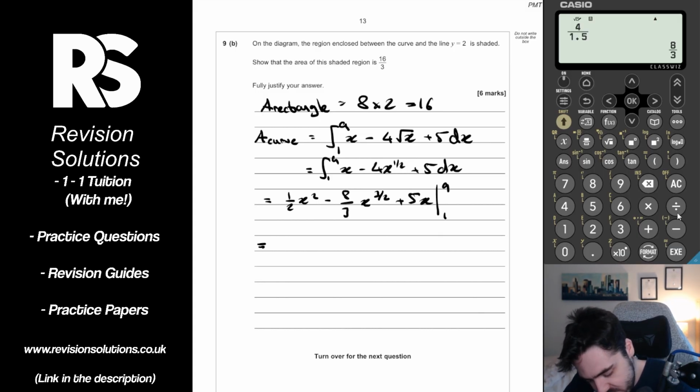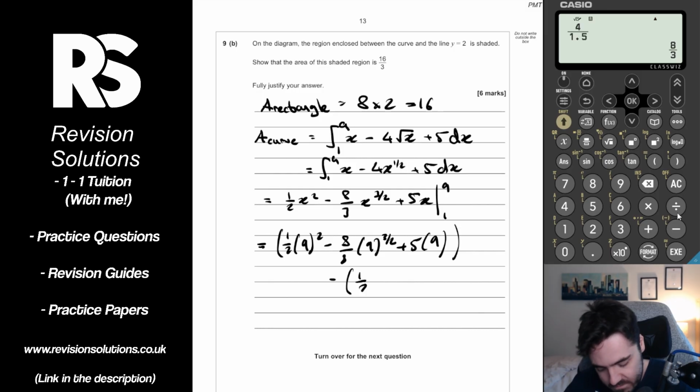Let's write out the limit step where we do a half of 9 squared minus 8 over 3 times 9 to the 3 over 2 plus 5 times 9. That would be the top limit, and then subtracting the bottom limit, which would be a half of 1 squared minus 8 over 3 times 1 to the power of 3 over 2 plus 5 times 1.